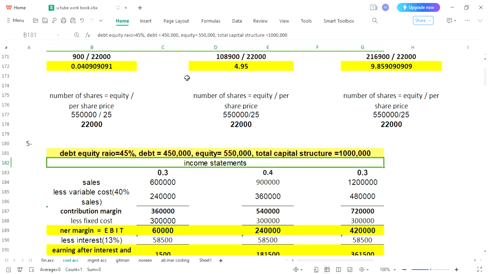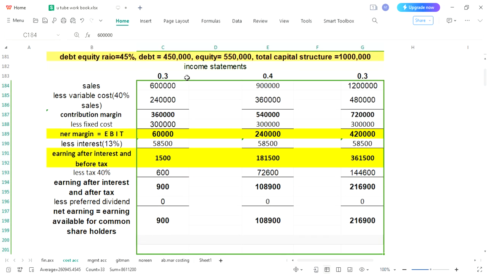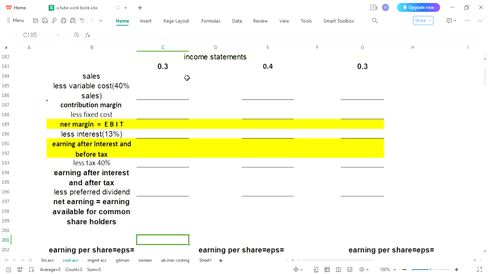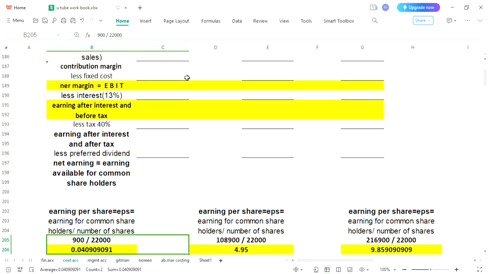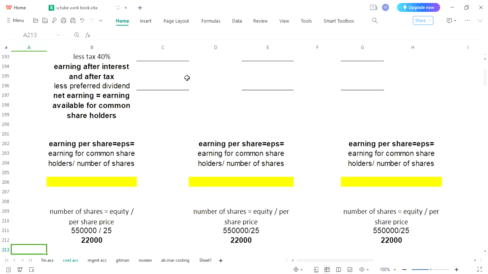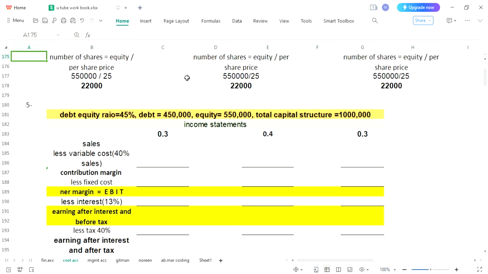Okay, at this stage these numbers were related to the previous part. Now we don't need them, so let's delete them. Similarly, earning per share was also for the previous part, remove it. And the number of shares we calculated was for previous parts, let's delete it. It's time to change our statement heading.